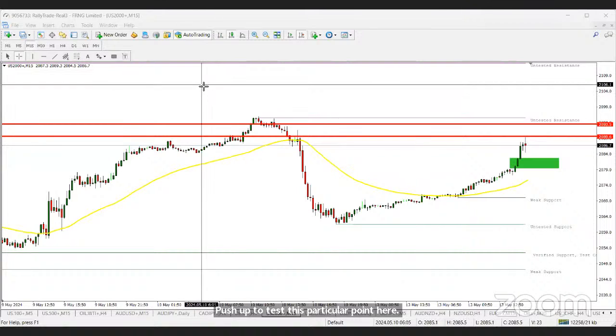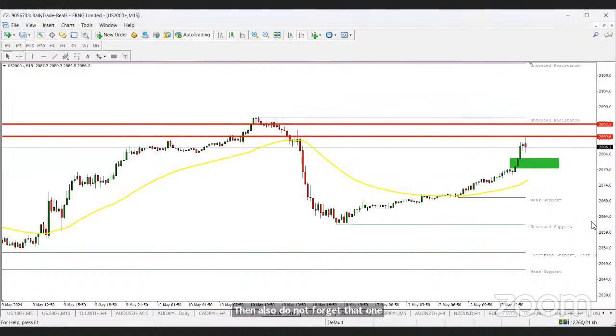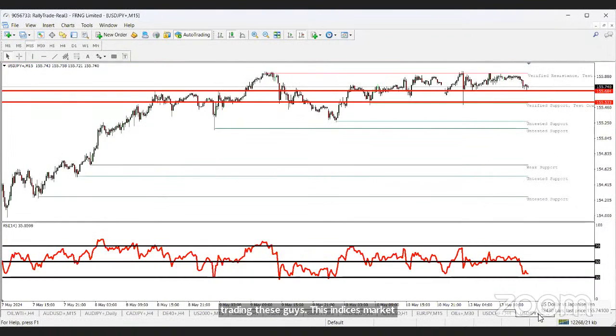Then also do not forget one other important way of trading the indices market, gold also included: US 100, US 500, US 30.